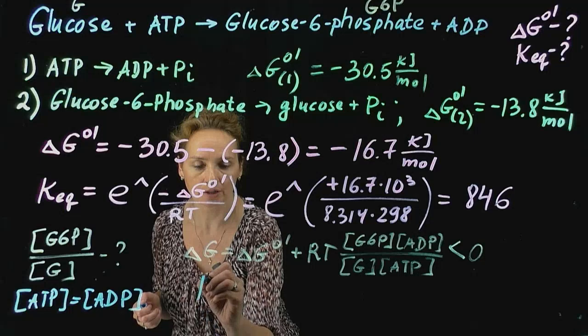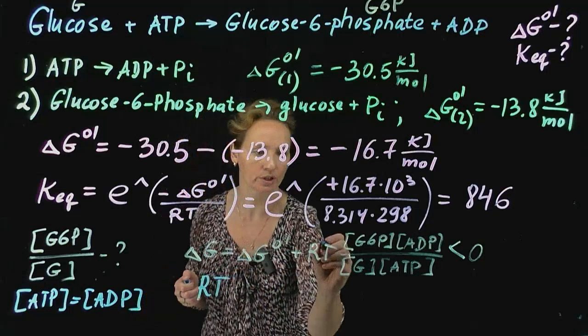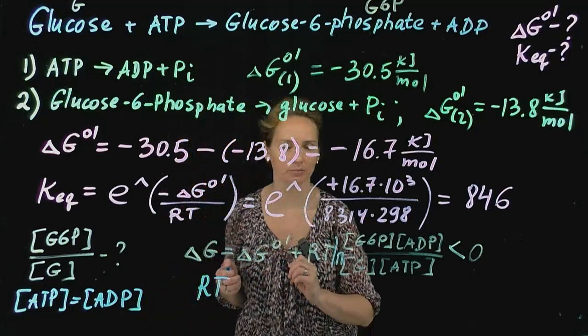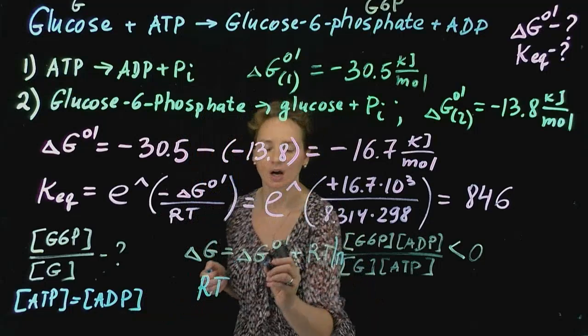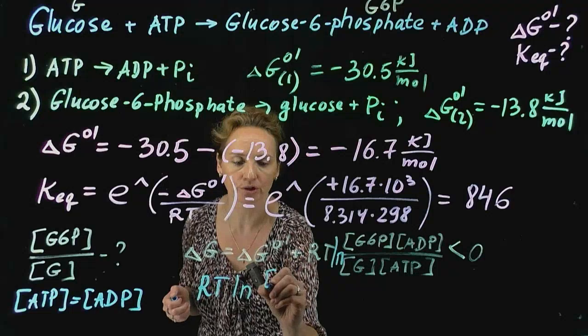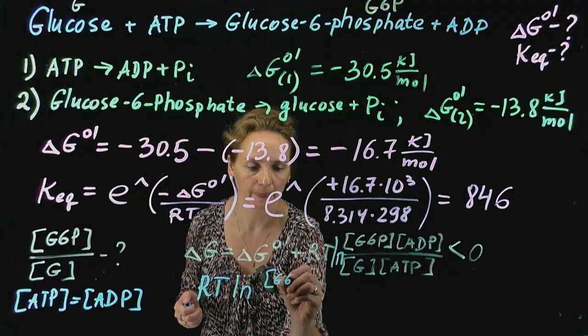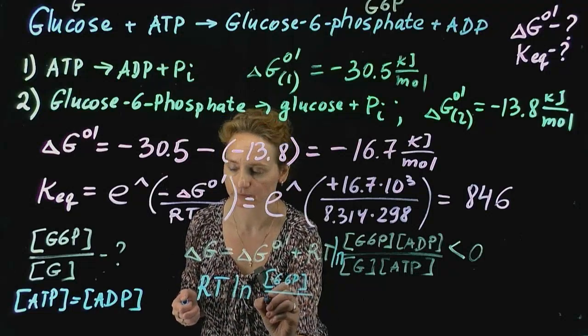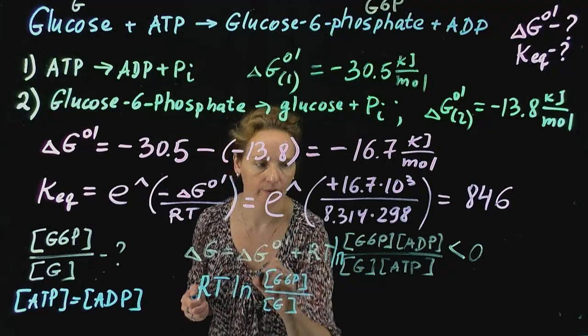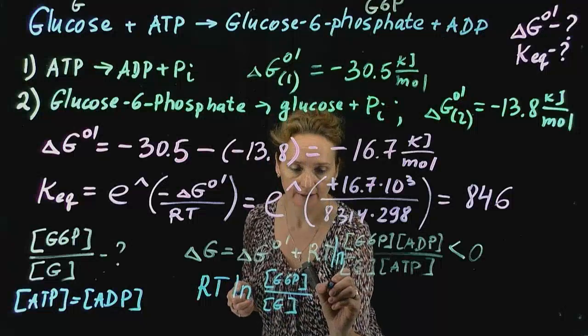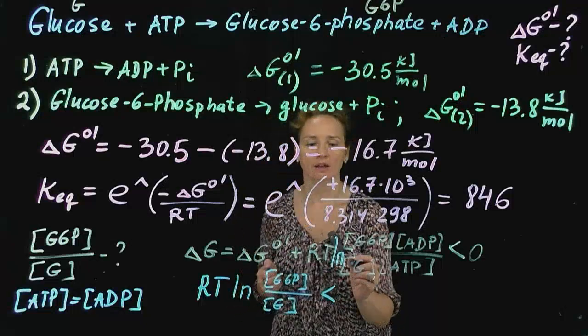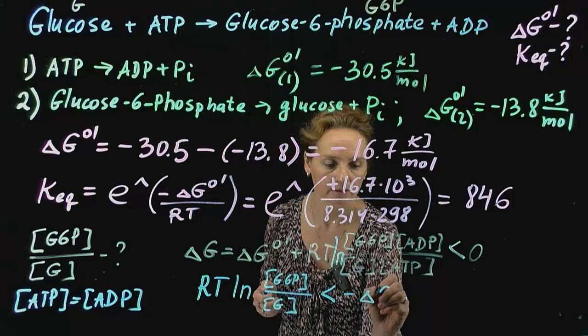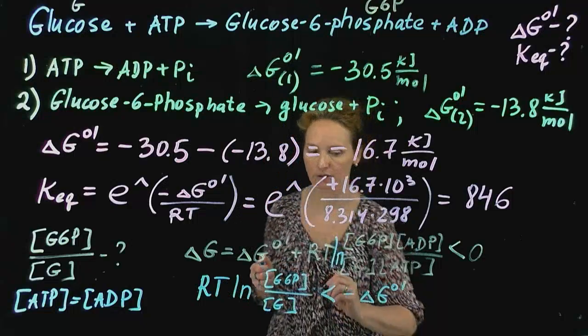So RT, oh, sorry, RT logarithm, of course. I'm so sorry. RT logarithm of the ratio that we are looking for should be less than minus the free energy change under standard conditions.